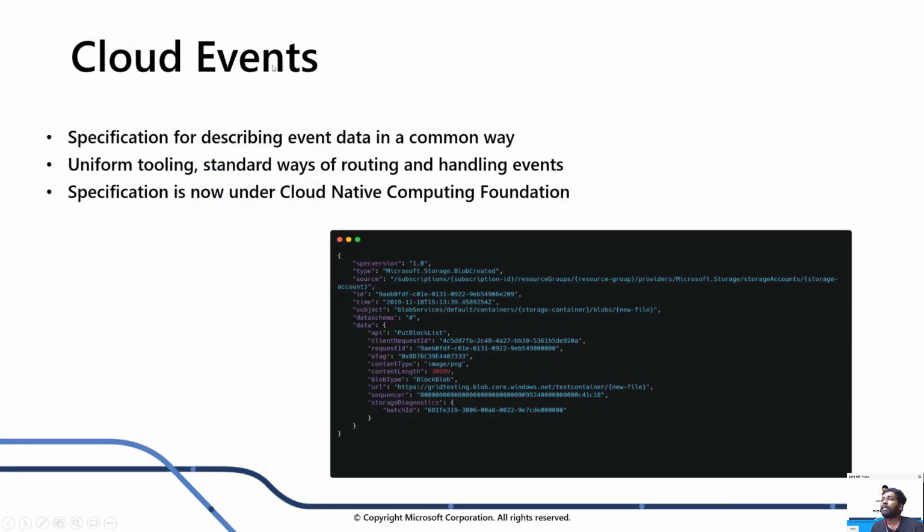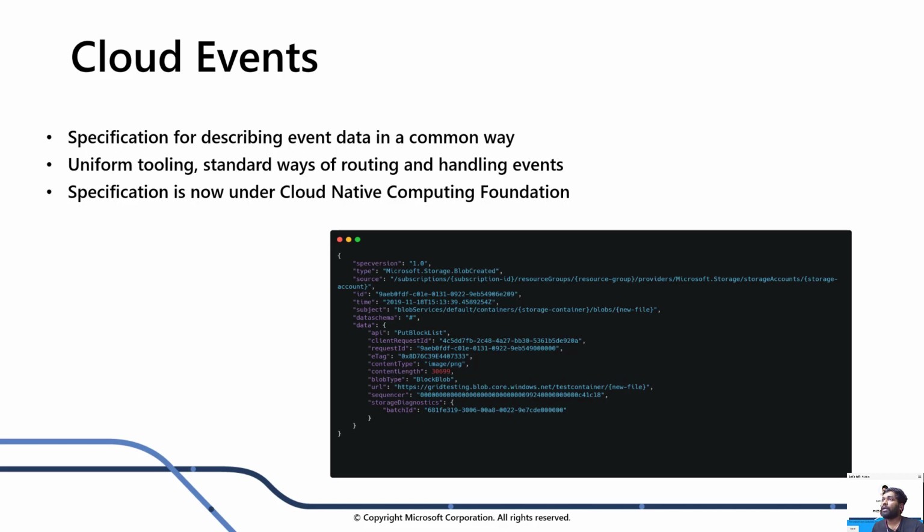Whenever you create an event grid, you can do that in 2 ways. One is to create the event grid based out of a grid event model. That is the default way of doing it, but there is another way where you can define the model to be a cloud event. So this event model is nothing but a specification that is recently adopted by everyone, which is formed as a uniform way or a standard way for routing and handling the events.